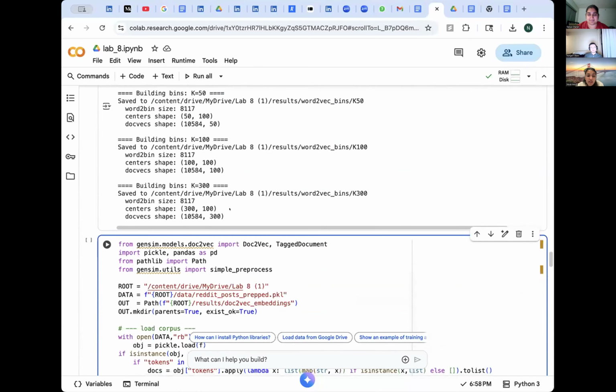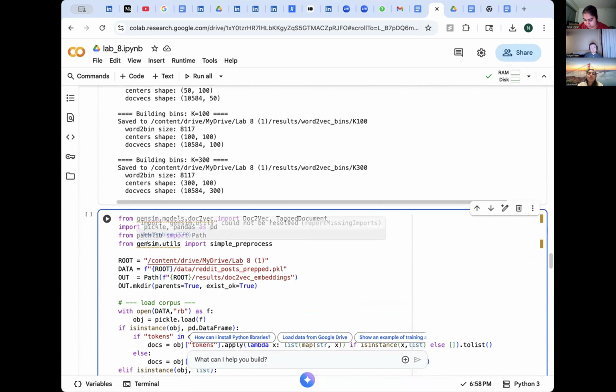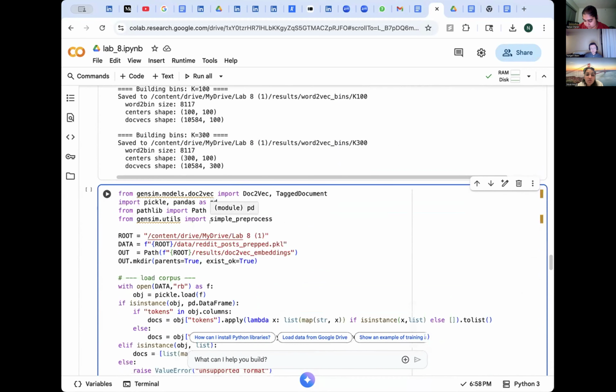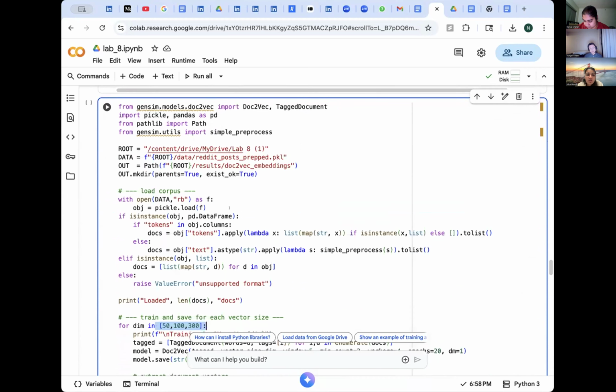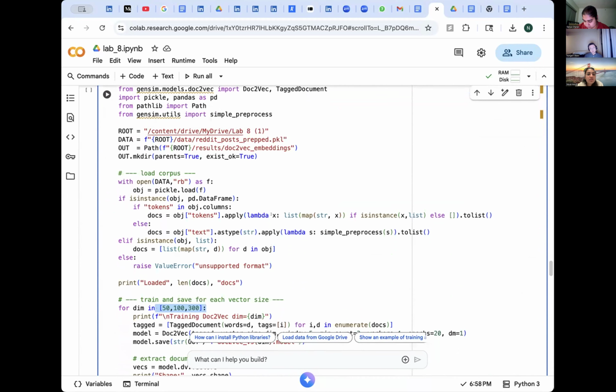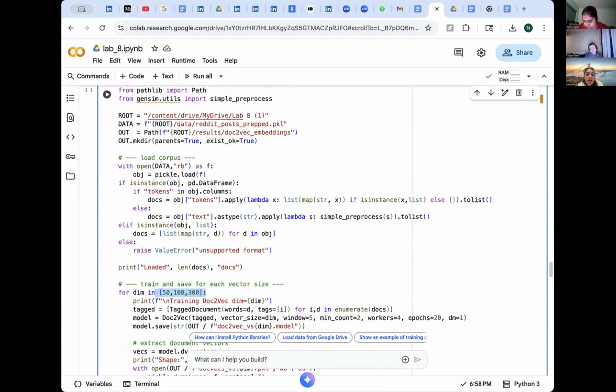So yes, we used the Gensim library to conduct both Doc2Vec and Word2Vec. We also used the sklearn library for the k-means clustering.